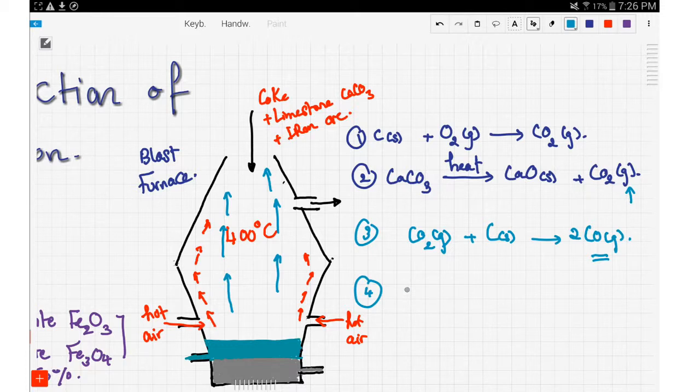So this is the reaction that occurs. Now, carbon monoxide will react, this is the 3, with the iron ore, giving iron in molten form plus carbon dioxide gas.